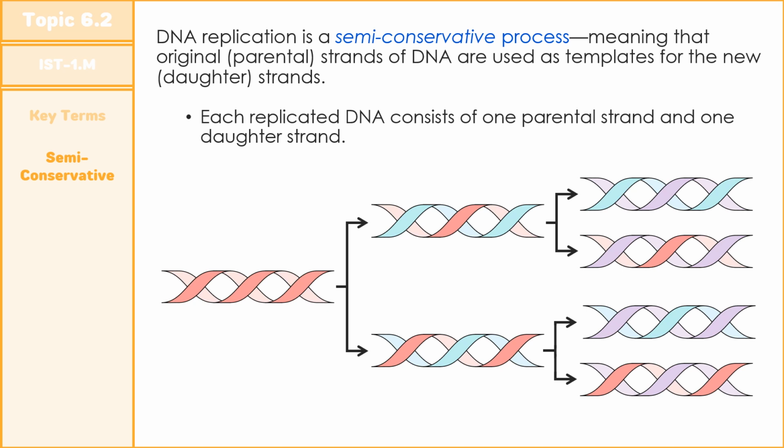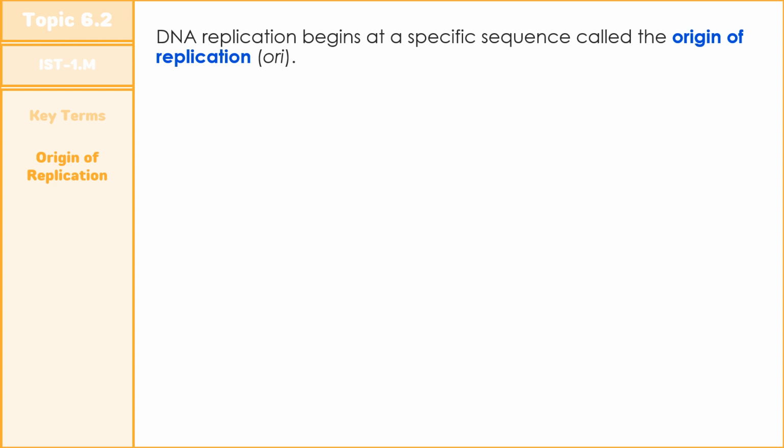Now, when we get into a process like replication, we need to know where to start. So DNA replication begins at a specific sequence along the DNA molecule that we call the origin of replication, which we often shorten to ORI because origin of replication tends to be a little bit of a mouthful when you're saying it quite often.